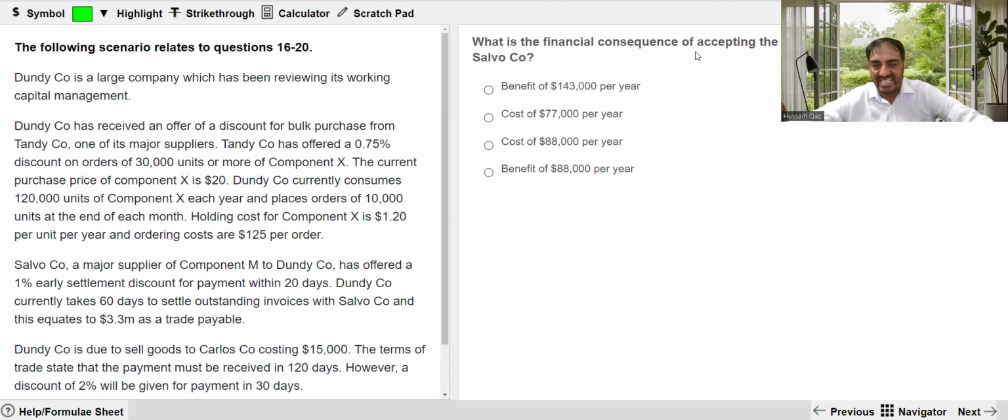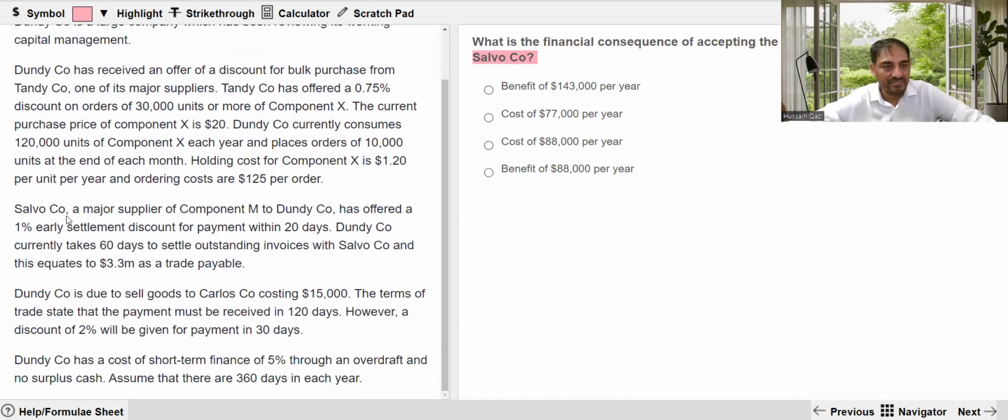What is the financial consequence of accepting the early settlement discount from Salvo company? Salvo, a major supplier of component M, has offered a 1% early settlement discount for payment within 20 days.